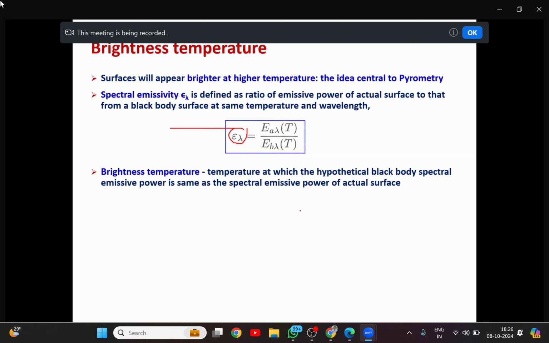That temperature of that hypothetical black body is known as the brightness temperature.